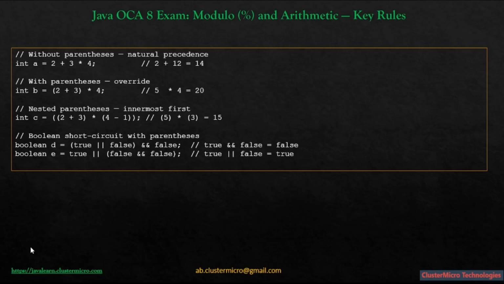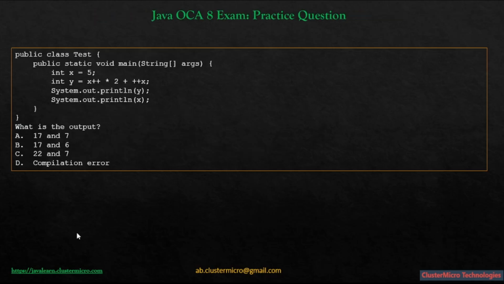Let's have this practice question now. You see int x is equal to 5, int y is equal to x++ multiplication 2 plus ++x. What is printed, right? System.out.println y and System.out.println x. First we print y and then we print x. If you do a trace, x++ initially will use x only, because as a post-increment it will use 5.